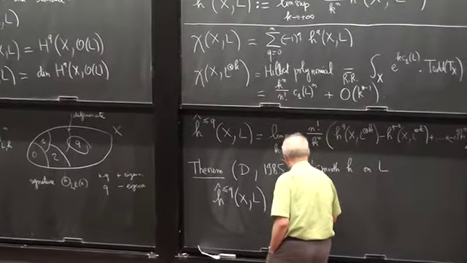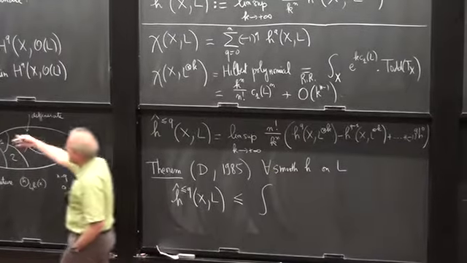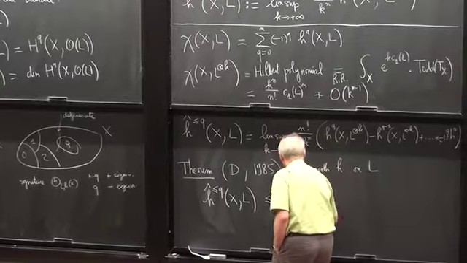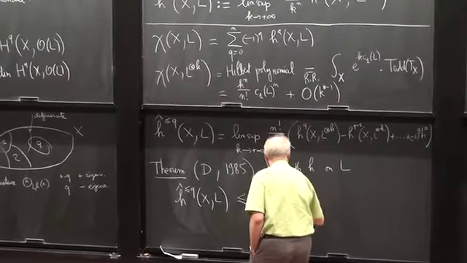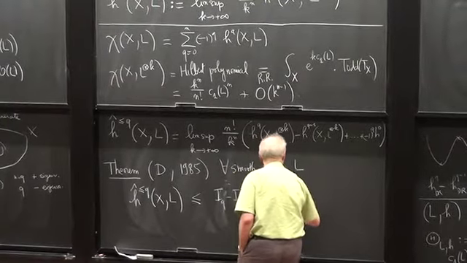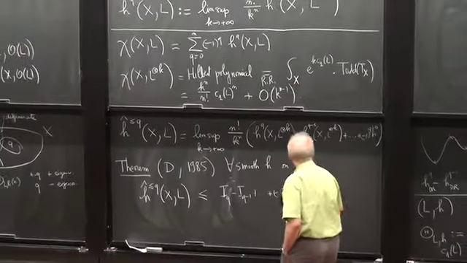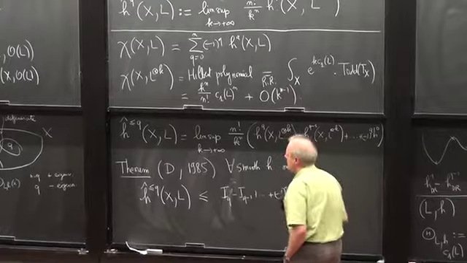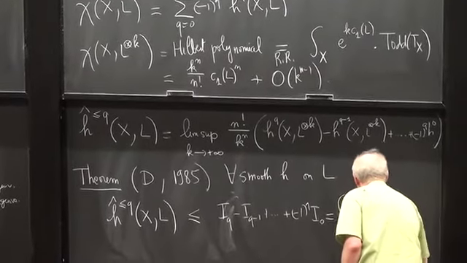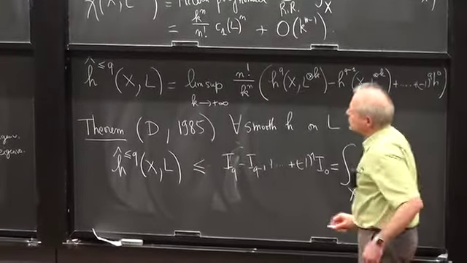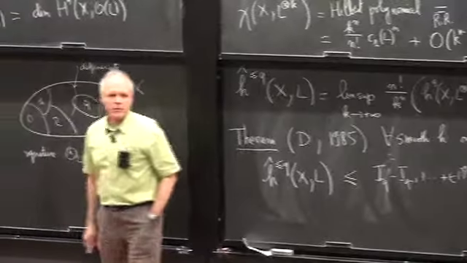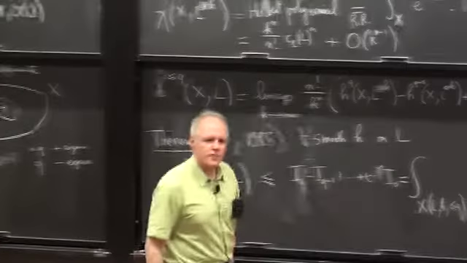But then you should take the alternate sum. Of course, you should take I_q minus I_(q-1), which is the same as the integral over a set which I will denote by X(L, h, at most q), which means that you take the union of the chambers where you have index 0, 1, etc. up to q.